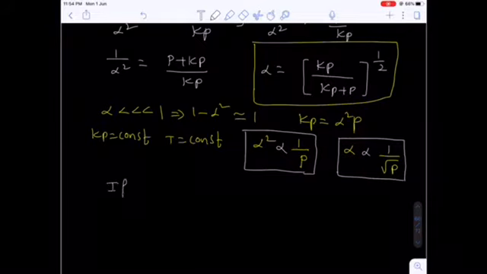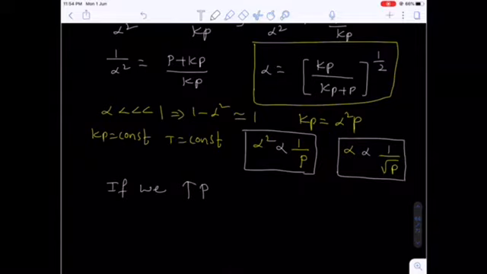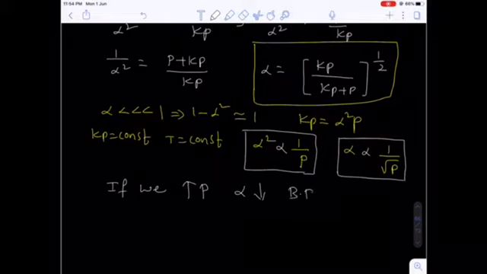Now in this expression, if we increase the pressure, alpha value decreases. When the degree of decomposition decreases, the system tends to move in the reverse direction.